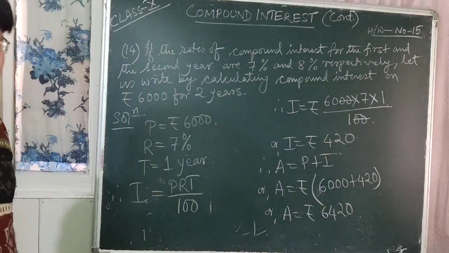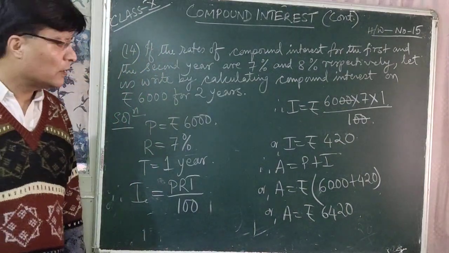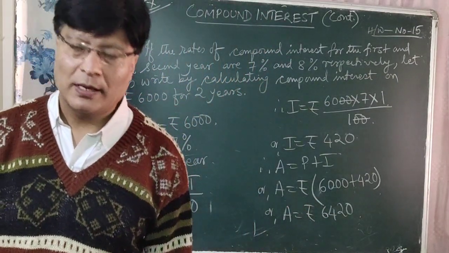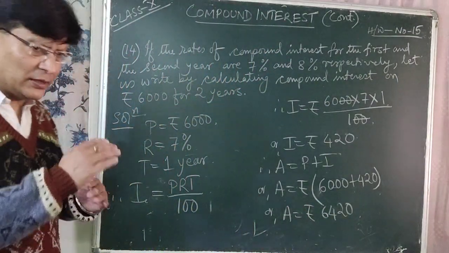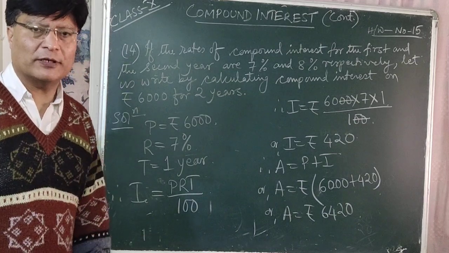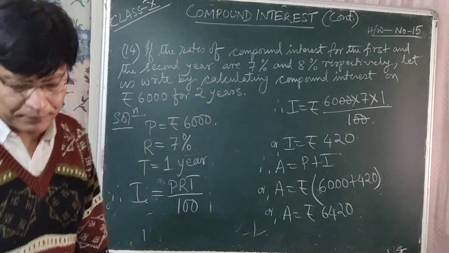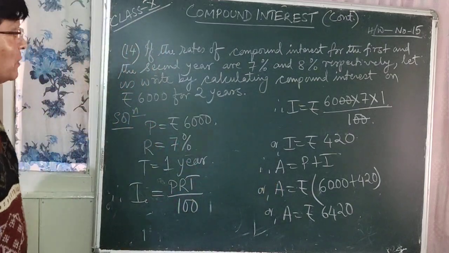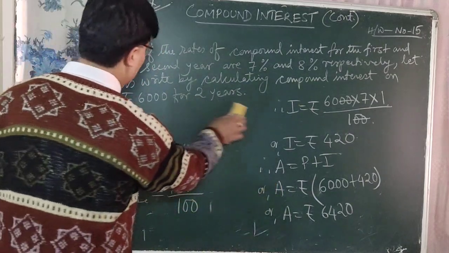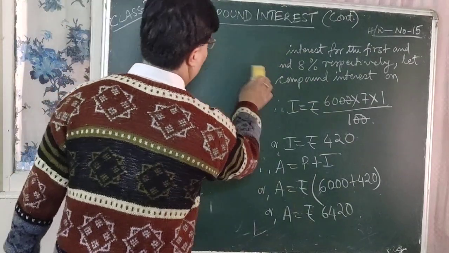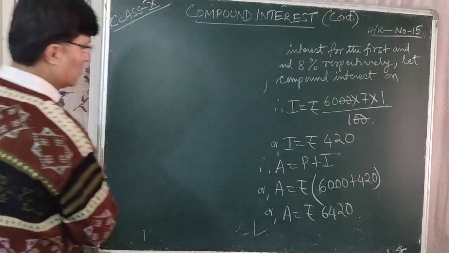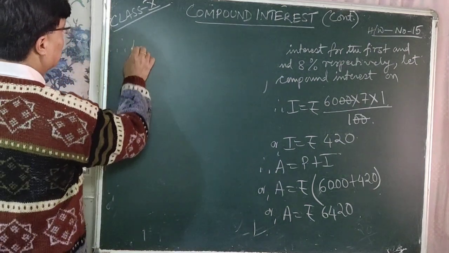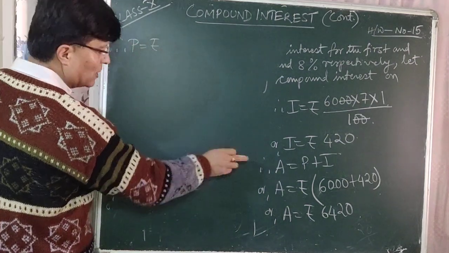This is the amount for the first year, rupees 6420, and now this amount will be the principal for the next year. That is, P is equal to rupees 6420.